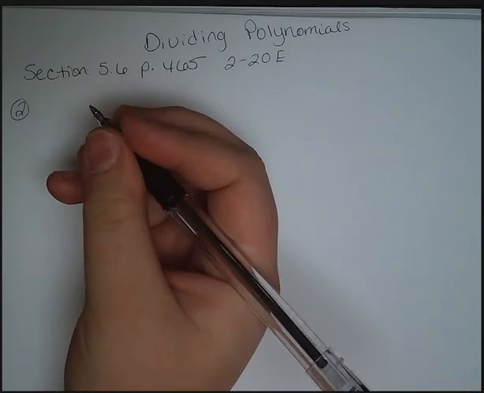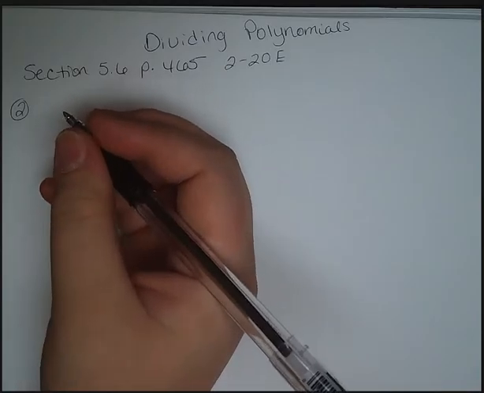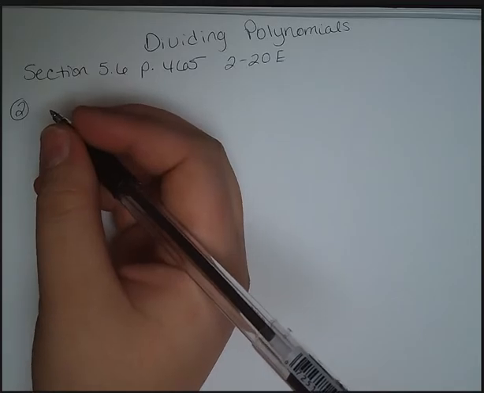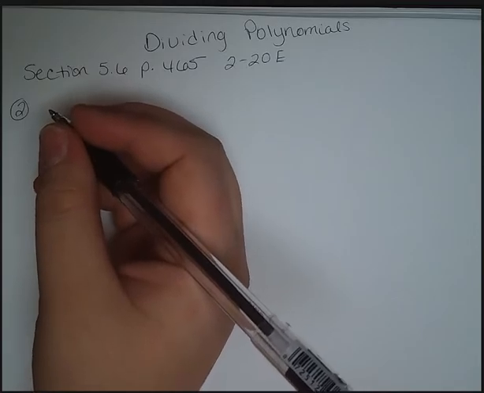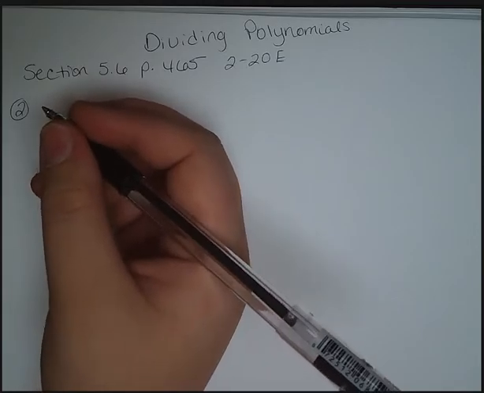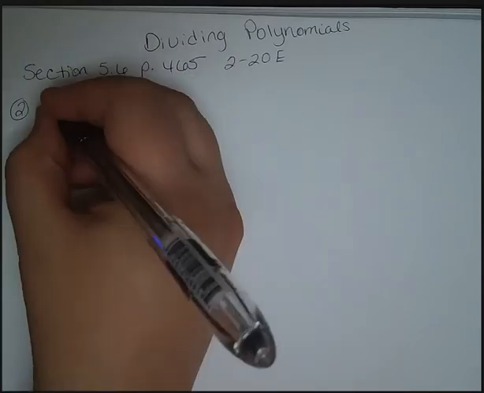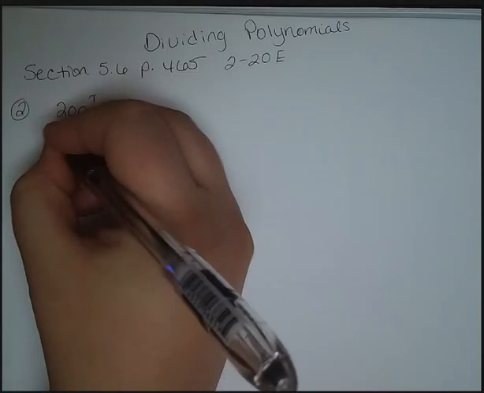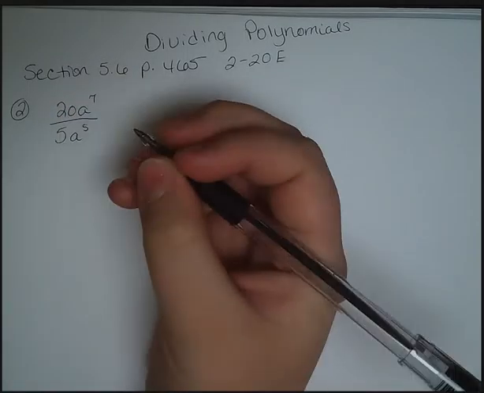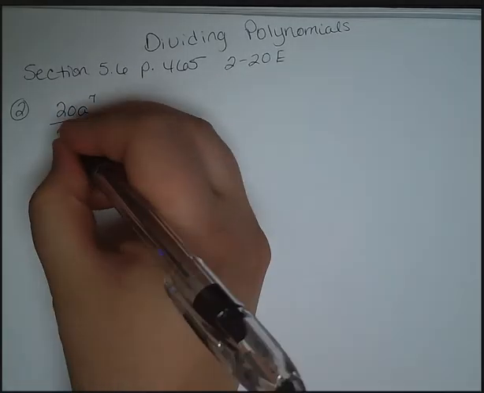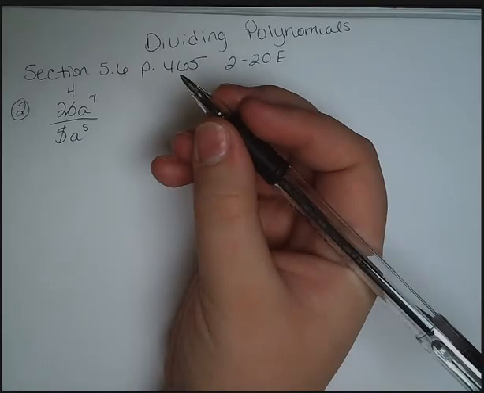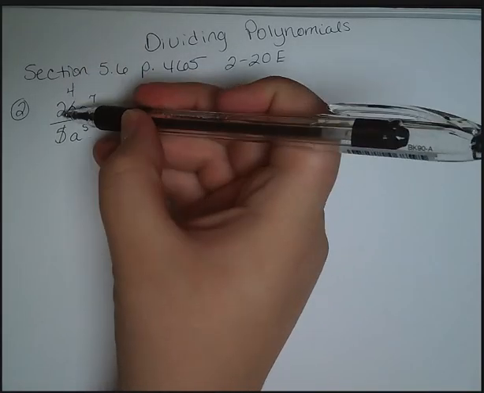And just as a heads up, problem numbers 2 and 4 are just going to be review problems for sections 5.1 and 5.2. So on number 2, you've got 20a to the 7th over 5a to the 5th. So 5 and 20 will simplify to be a 4, and the 4 goes in the numerator because 20 was the bigger number.